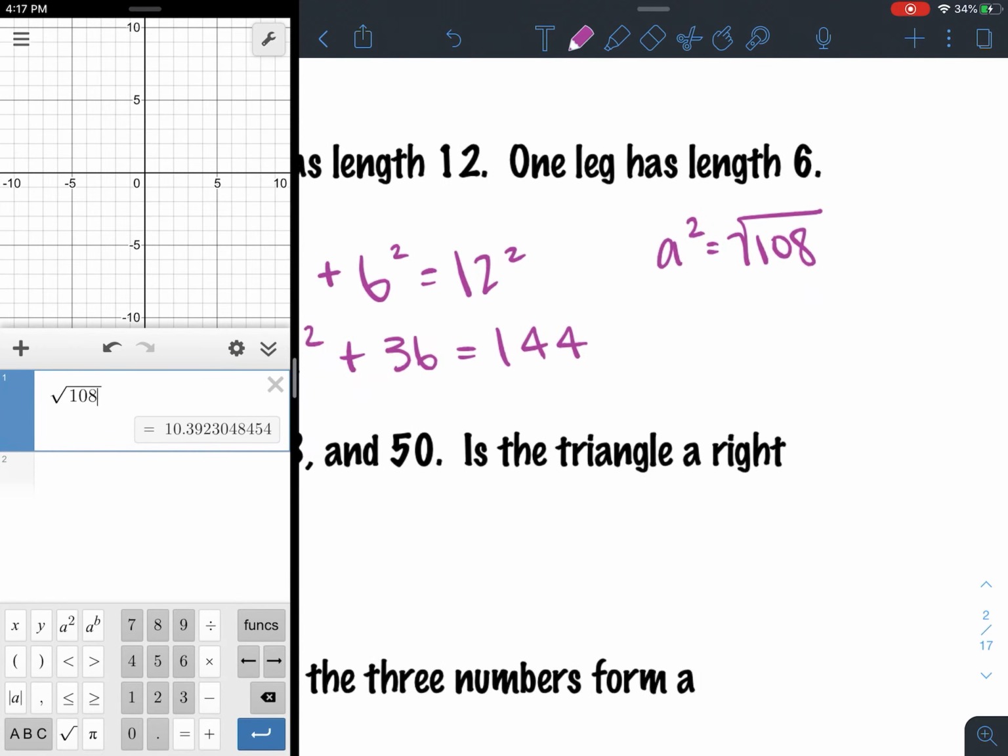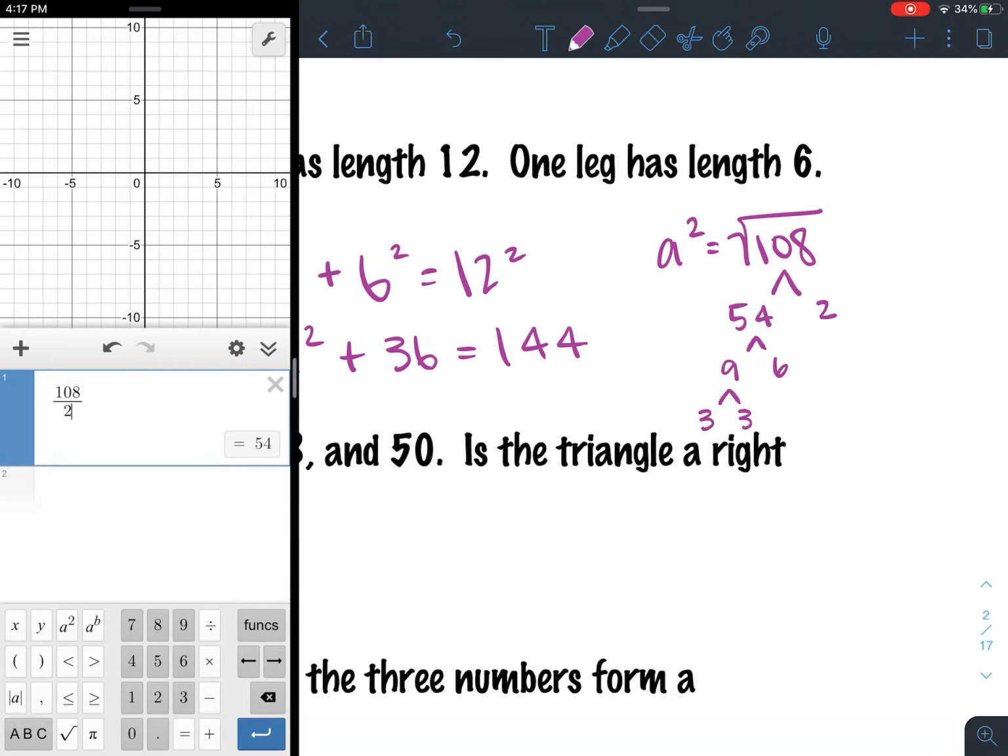So remember that whenever we are simplifying radicals, we want to split this thing up. Always look for common factors. I know that 108 is divisible by 2, so I've got 54 and 2. 54 is 9 times 6. I have 3 times 3, and 6 is 3 times 2.